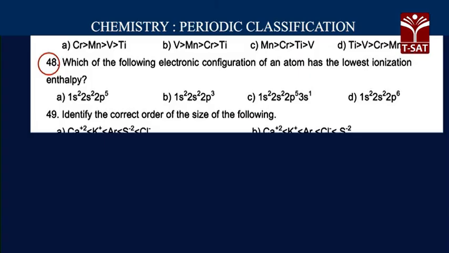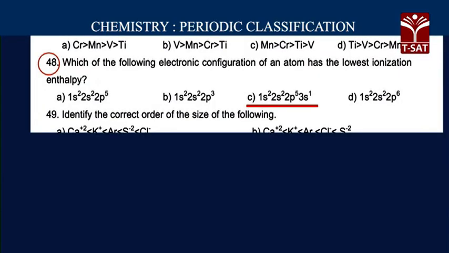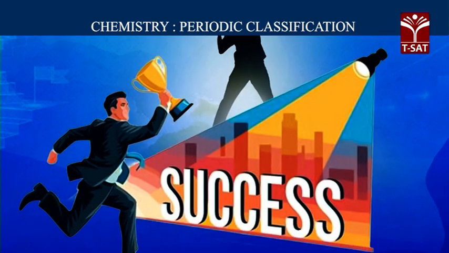Lowest ionization enthalpy is associated with the first A group elements. Among the given options, C represents the electronic configuration of a 1A group element. In fact, the element with this configuration is sodium. So, C is the correct option.